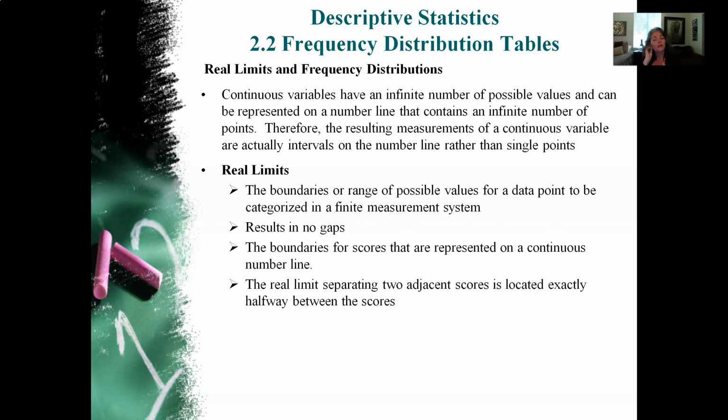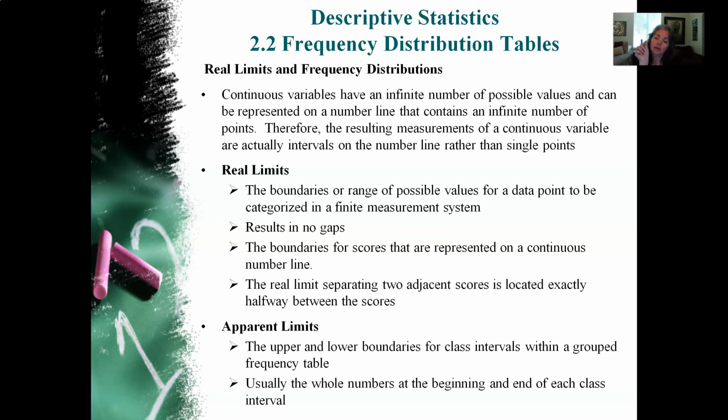So I want to be mindful of setting those limits, right? And our real limits are those boundaries where we say you're either in this or you're in this. And those boundaries are touching. There's no gaps, just like with our histograms, okay? So it is the real limit separating those adjacent scores.